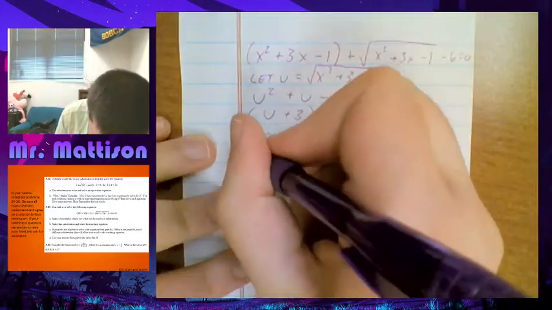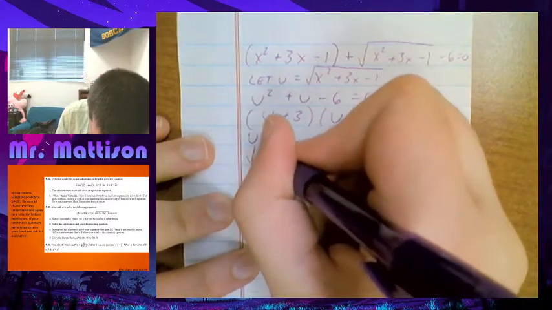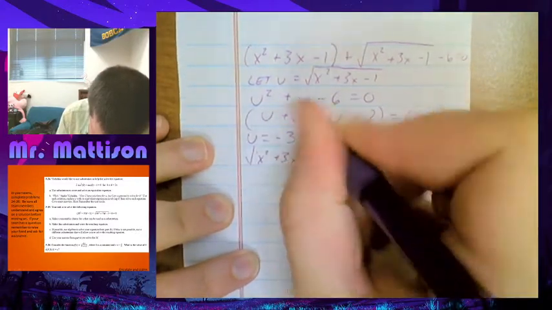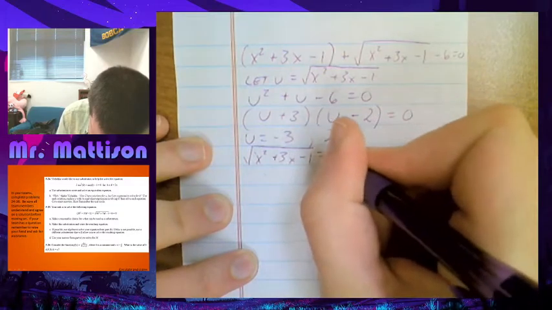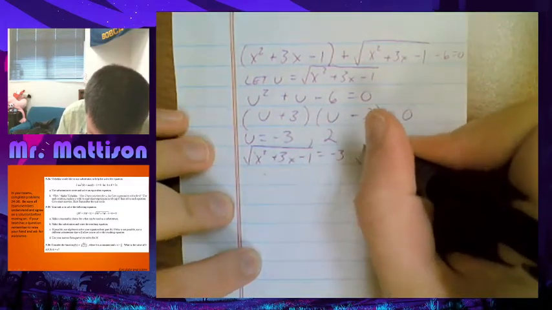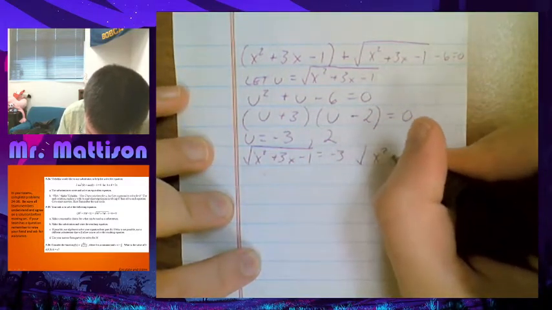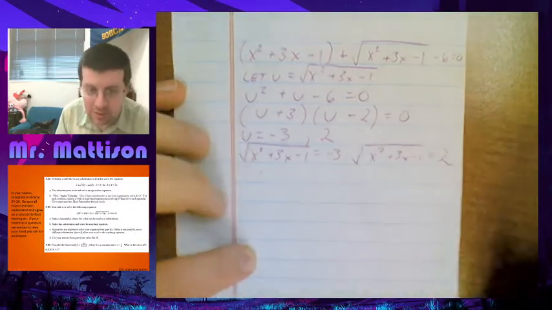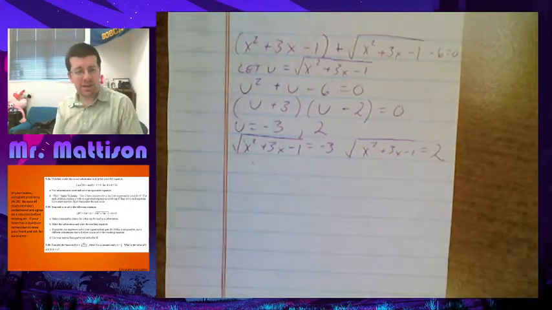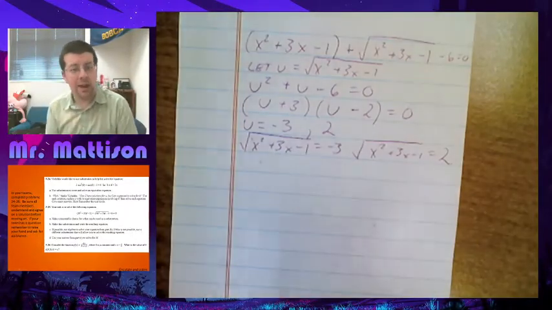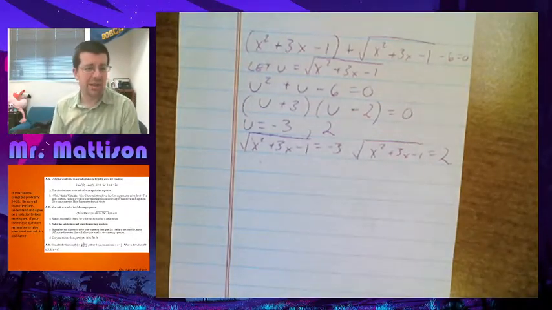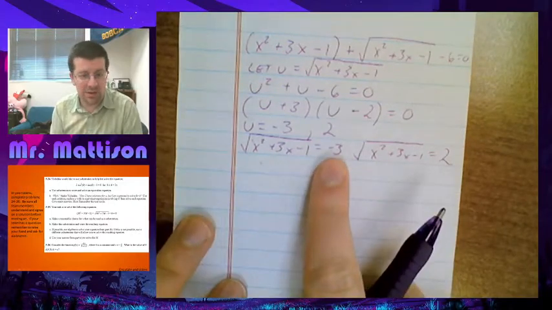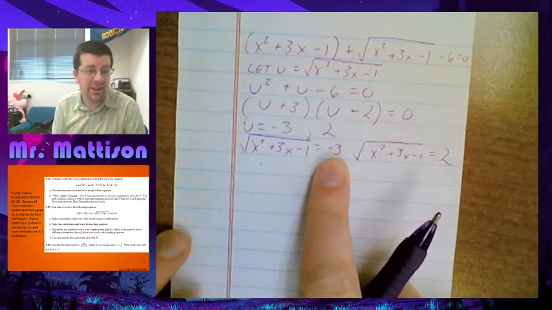So the square root of x squared plus 3x minus 1 equals -3, and the square root of x squared plus 3x minus 1 is equal to 2. So how do I solve these? Well, to get rid of that square root, I want to square both sides, which isn't that big of a deal now because I just have a single number on this side, which I can square very, very easily.